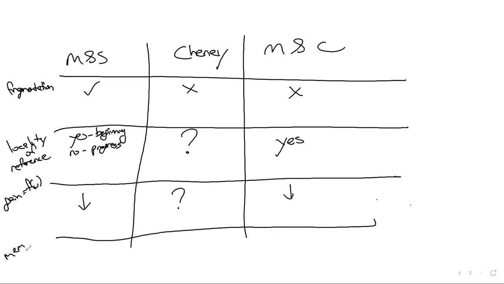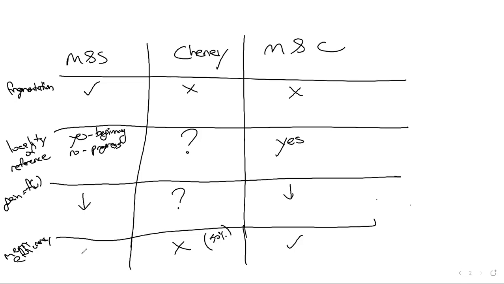How about memory waste? Let's call it memory efficiency. Cheney is a very big no-no because it's wasting 50% of the memory. While mark and compact is very memory efficient because it's only compacting the live objects and everything else becomes continuous.